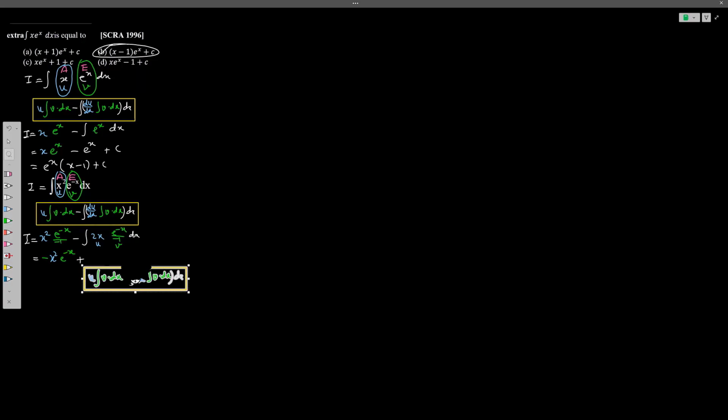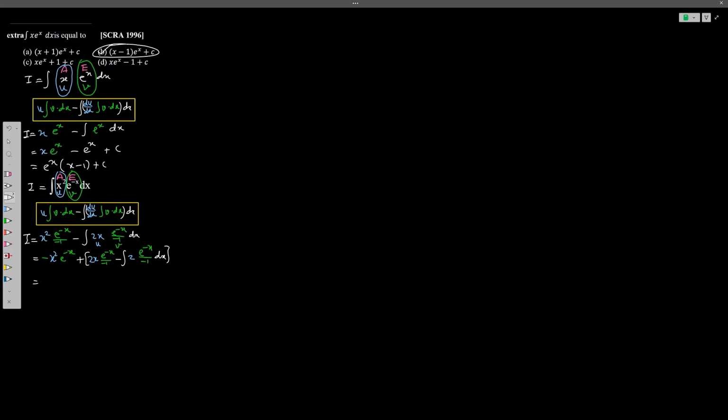So once again, this time 2x as it is, integration of e raised to minus x, e raised to minus x upon minus 1, minus integration of differentiation of 2x, 2, and e raised to minus x upon minus 1 dot dx.